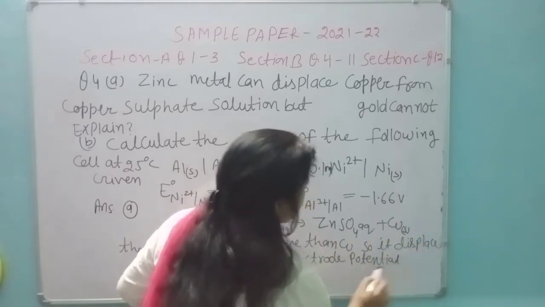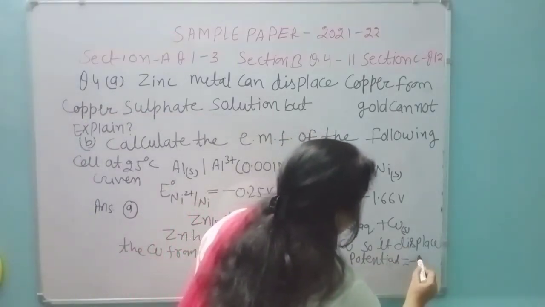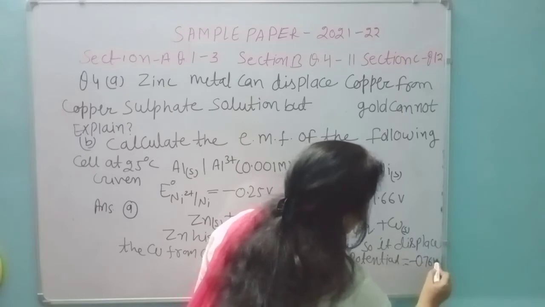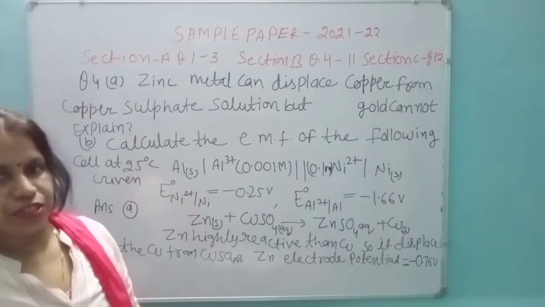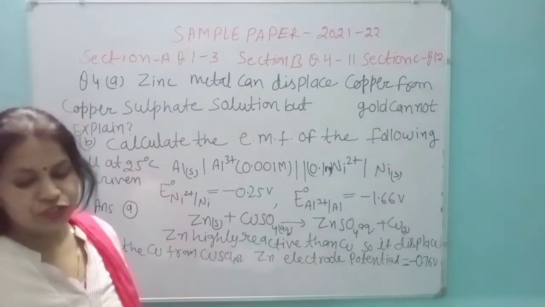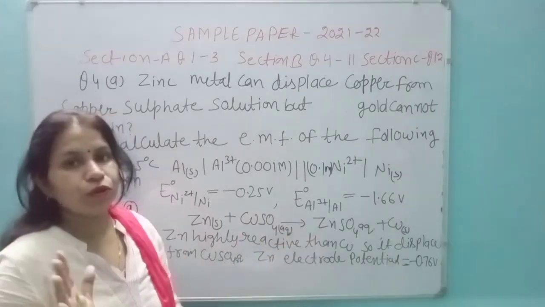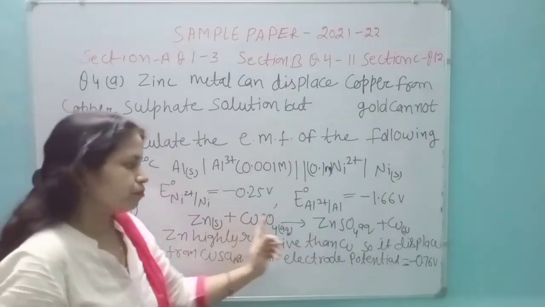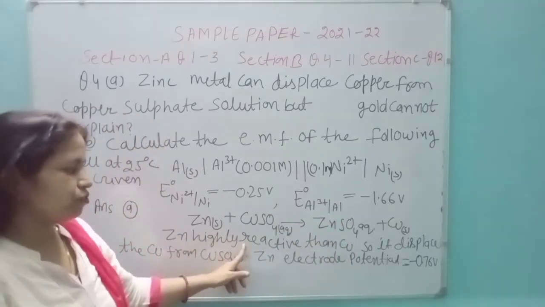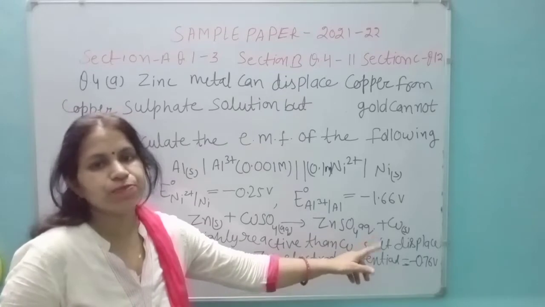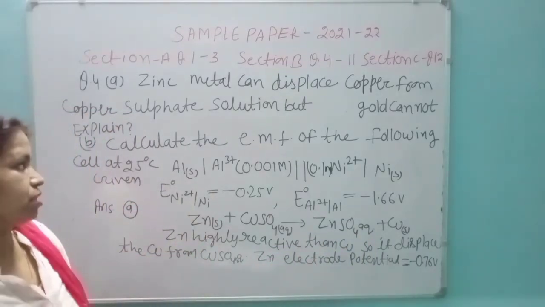For hydrogen, the electrode potential is 0, while for zinc it is minus 0.76 volt, more negative. Zinc is present below hydrogen, and zinc is present below copper. Zinc is highly reactive and its electrode potential is more negative, so it displaces the copper from copper sulphate.